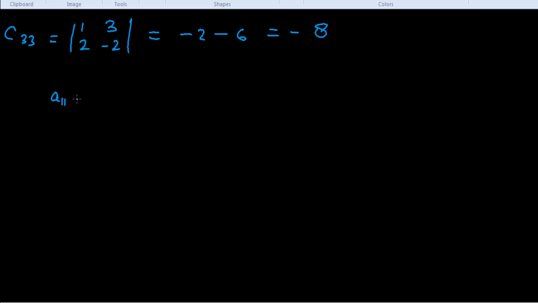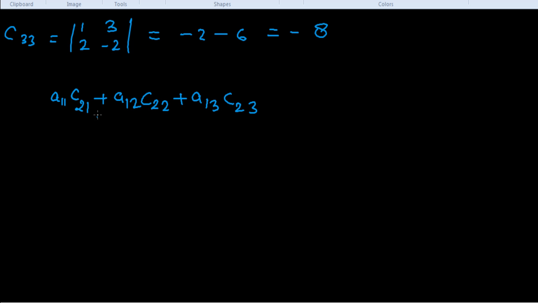A11 I am multiplying with C21, and A12 I am multiplying by C22, and A13 I am multiplying with C23.